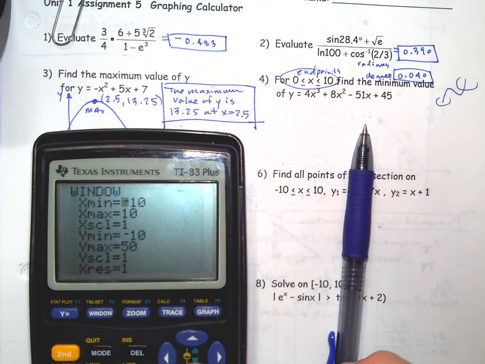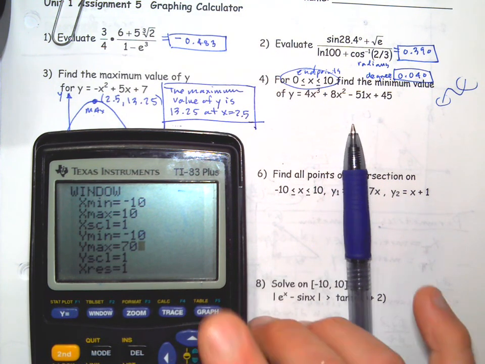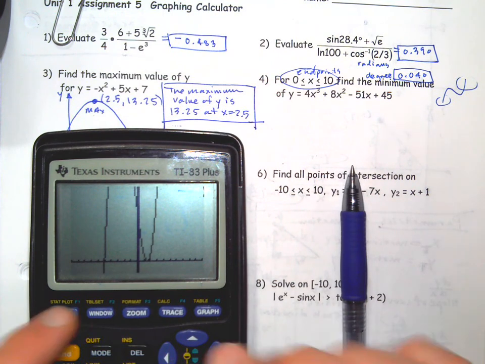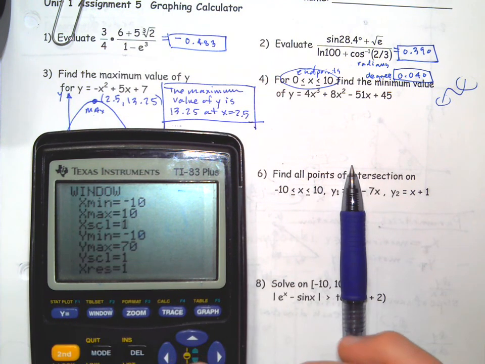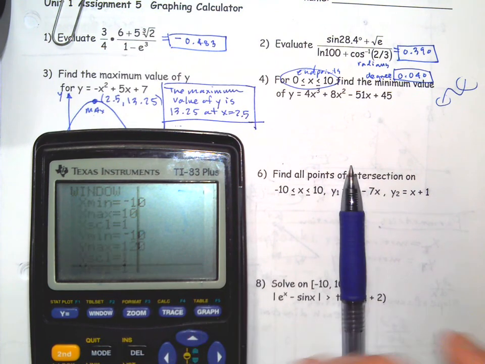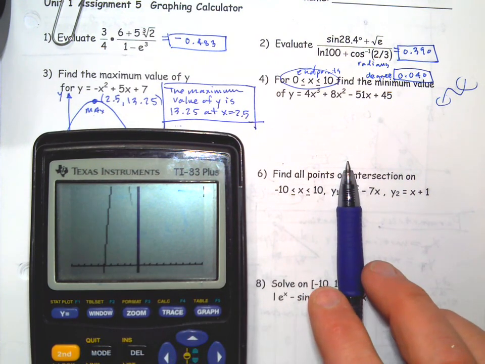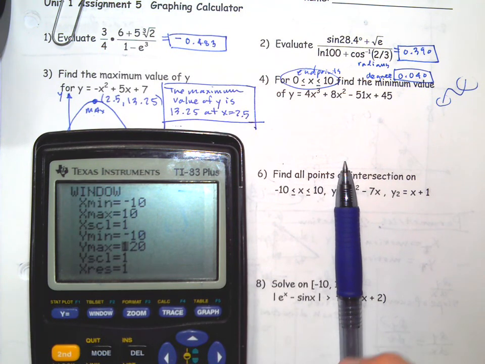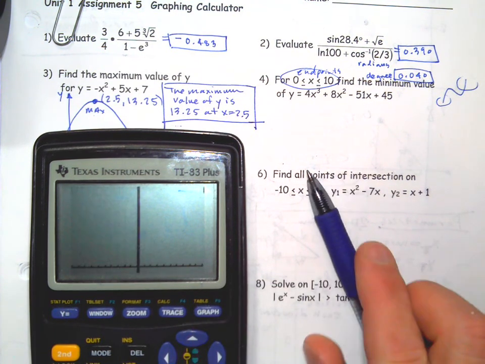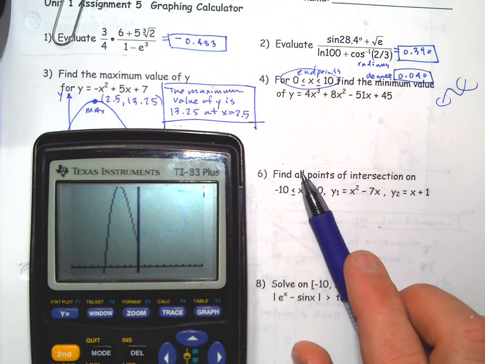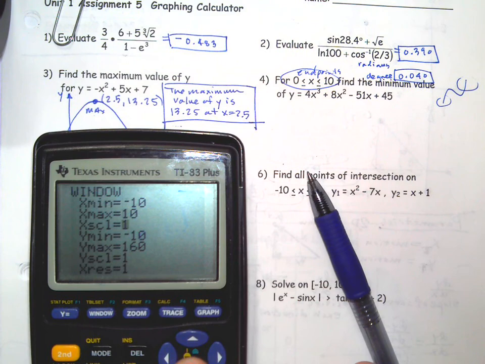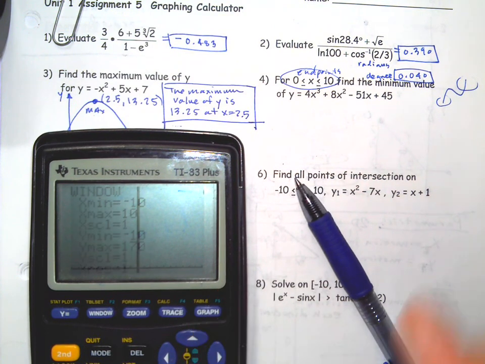Window 70. I think we got to go up to like 120. Let's try that. Bang! Wow. Okay, let's try 160. I almost got it. Okay, so anyways, it's pretty quick to change the window, but you should be good at that.